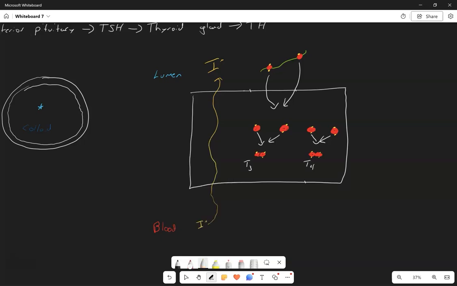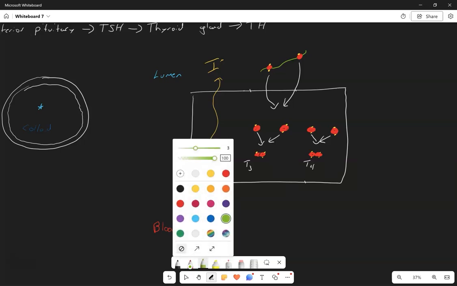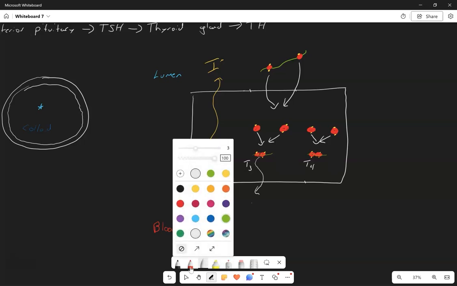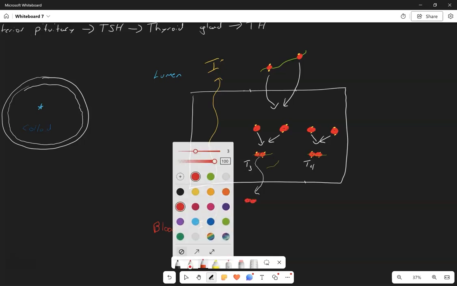And these are the active forms of the hormone itself. These are then attached to our little thyroglobulin molecule. Then they are secreted into the blood, but this thyroglobulin molecule is left behind, and what you get is just your hormone.